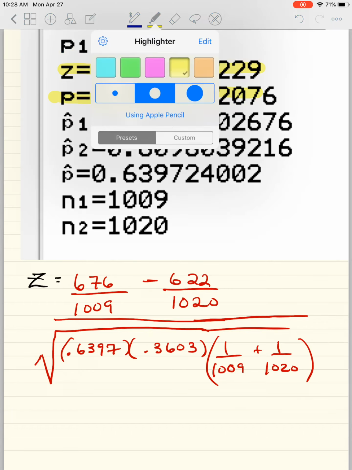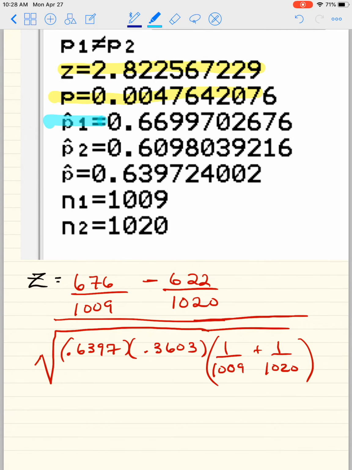Next one here is if I took the 676 and divided it by 1009, I would get this number. If I took the 622 over 1020, I hope those numbers are right, but you know what I mean. If I took p hat 1 and divided it, I would get this number.